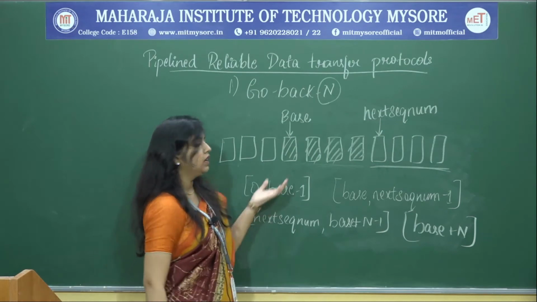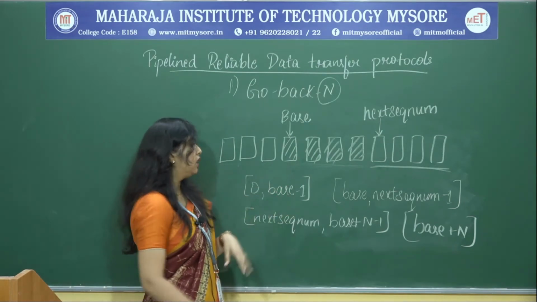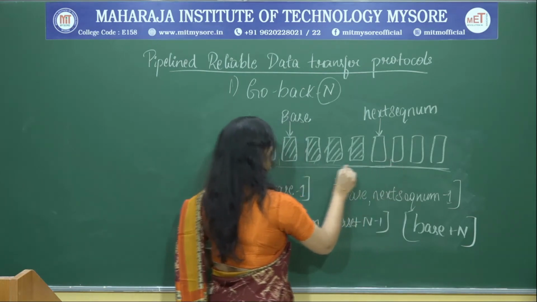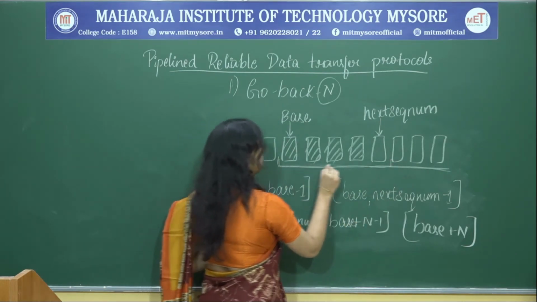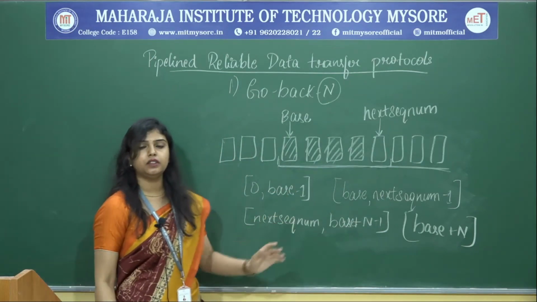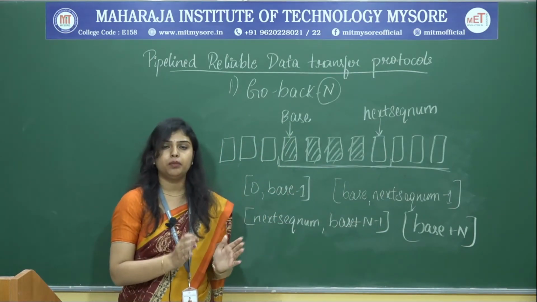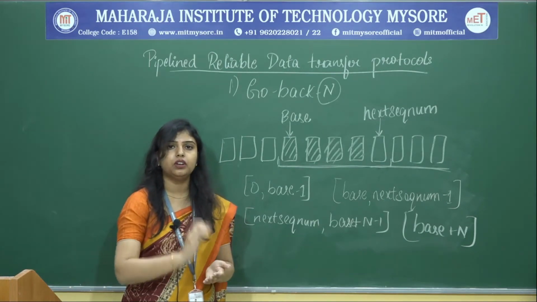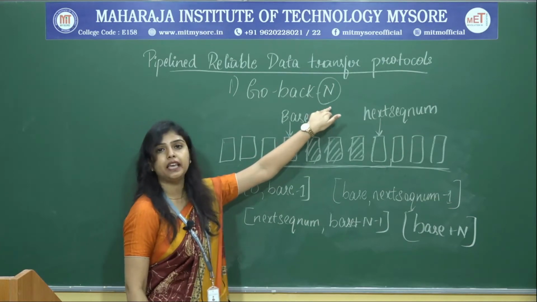So, here we should know a point. How many packets are allowed to be sent from the sender to the receiver, what is the range, that is, what should be n?